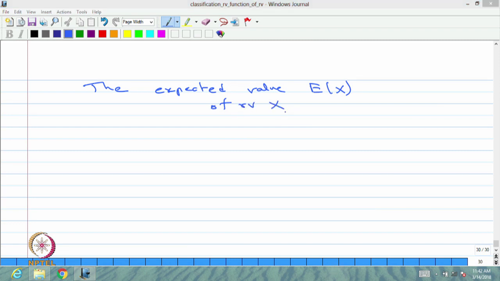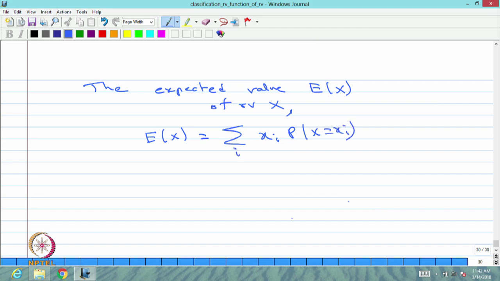In such a case, the expected value of the random variable X, denoted by E of X, is defined as E of X equal to the summation over i of x_i times the probability of X equal to x_i.